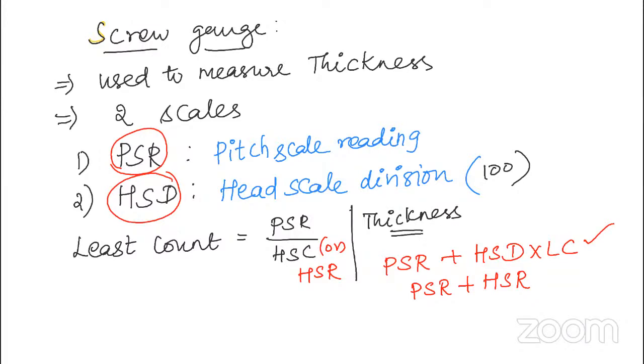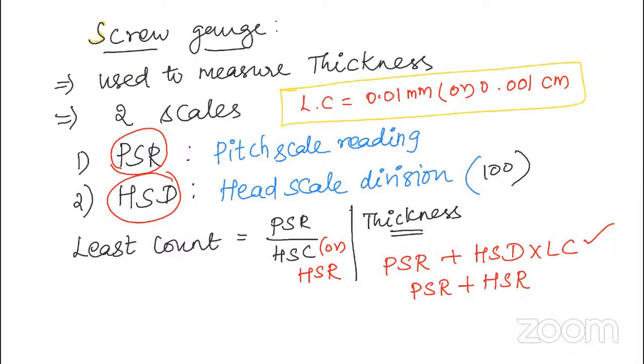So here, the least count of the screw gauge is 0.01 millimeter or 0.001 centimeter. This is also a very, very important thing.